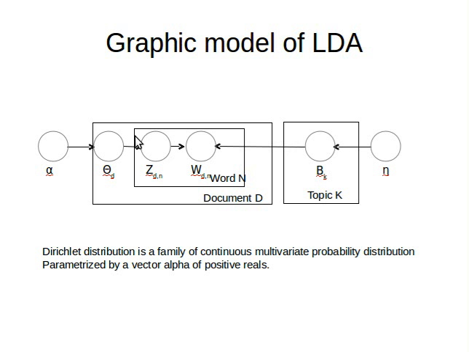We use the distribution over topics for that document, and we select a random topic Z_dn for word n of document d, and we find the distribution over vocabulary of this topic Z_dn, which is beta k, and based on this distribution over the vocabulary of this topic, we select a word.